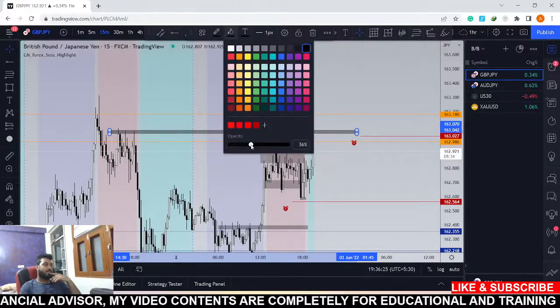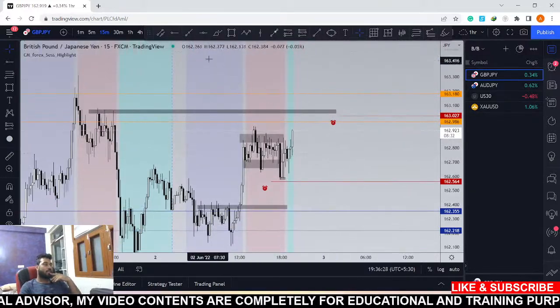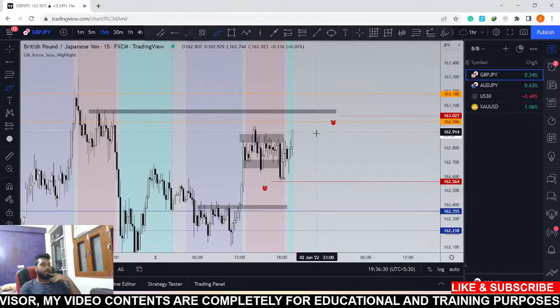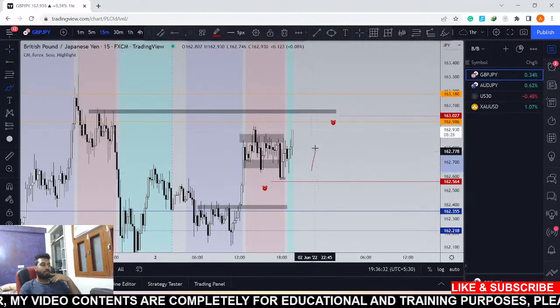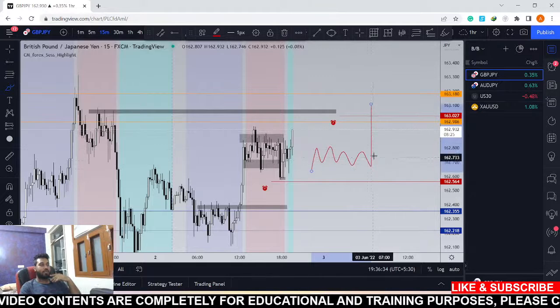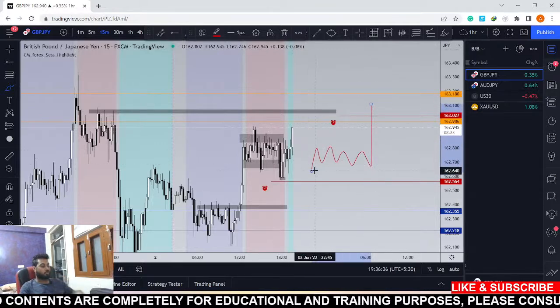Again, the same thing which I told you in the gold: if there is a zone and you get a range below the zone and then break out, there is a high chance that it will break that zone also.